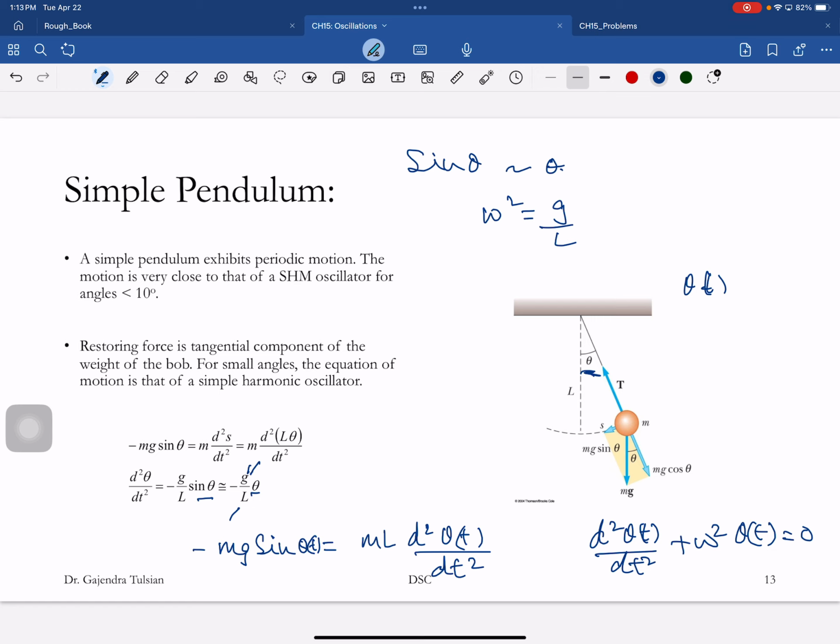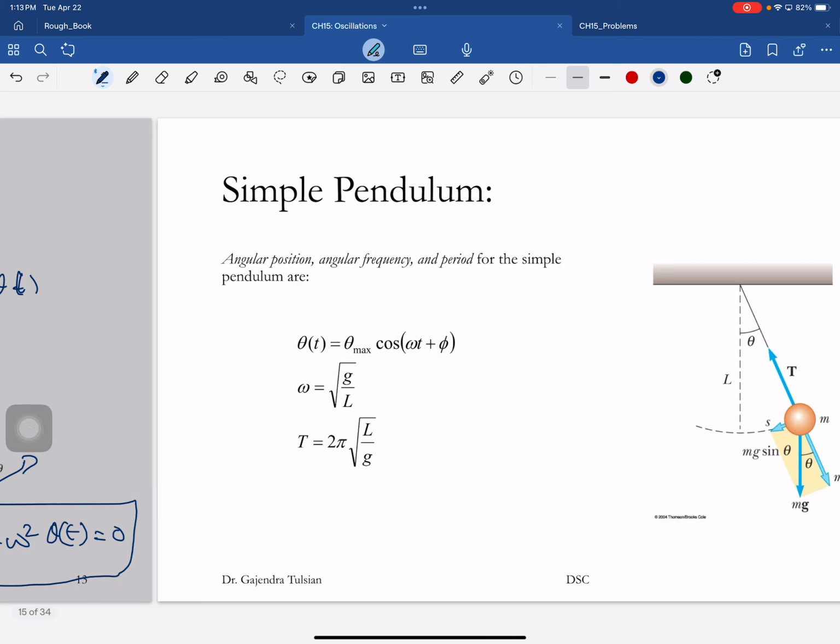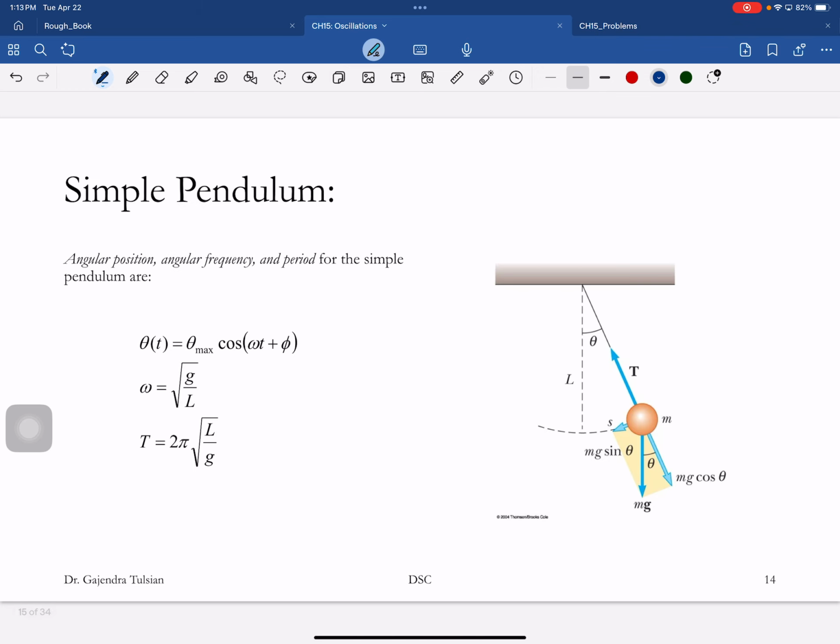This is the equation for simple harmonic motion. Different systems executing simple harmonic motion might have different configuration coordinates. All right, so the period is 2 pi square root of L over g.